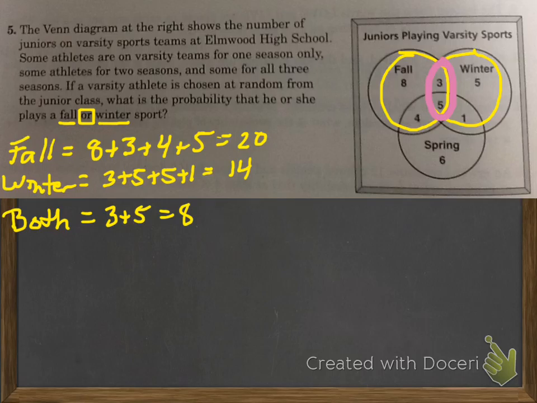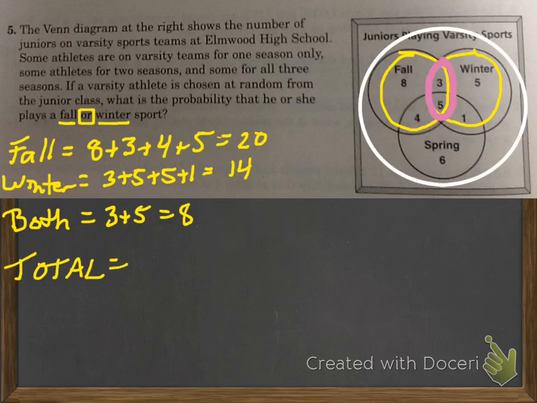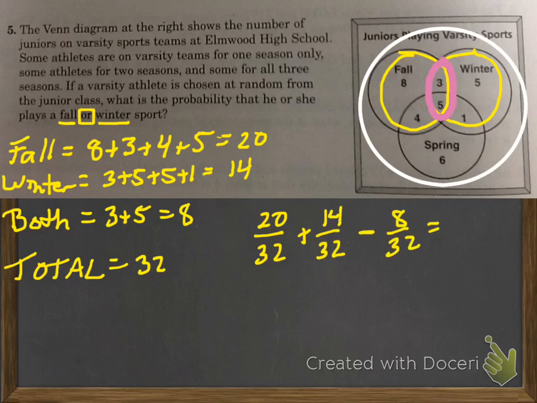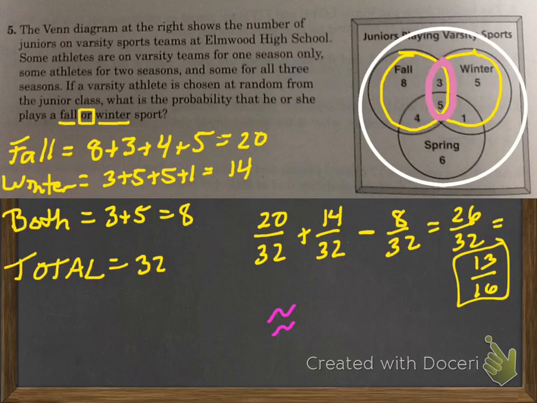Now we have to figure out how many people they're talking about, which is 32. So what we have is 20 over 32 plus 14 over 32 minus 8 over 32. All that turns into 26 over 32, which is 13/16, which is what percentage? 13/16, 81%.